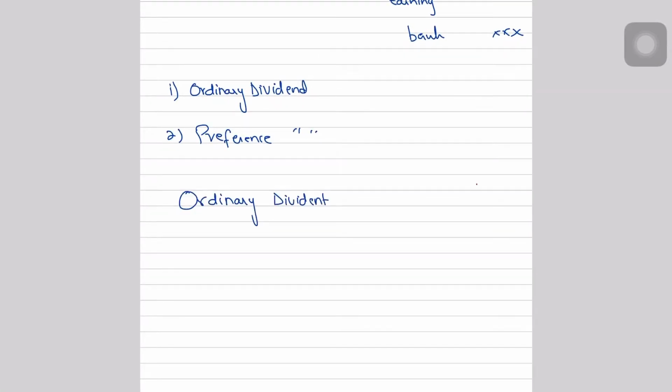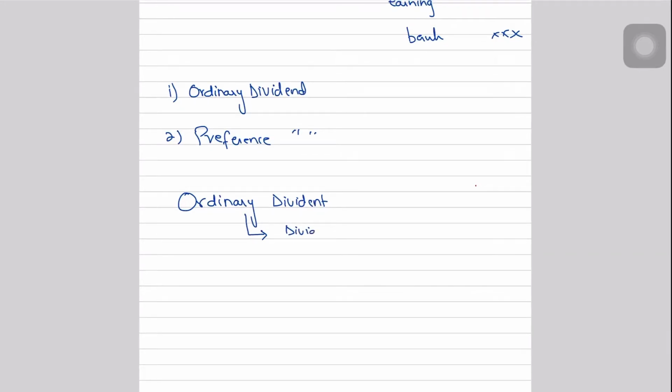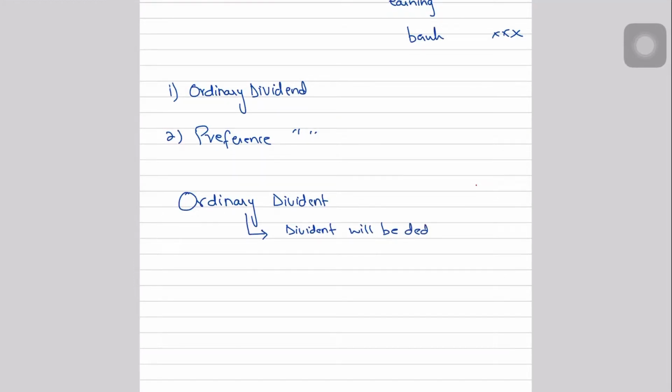So students, first of all remember that the dividend that we are going to deduct in the statement of changes in equity will only be the dividend paid. So first of all you must know that dividend will be deducted in the statement of changes in equity, from retained earnings, that is the accumulated profit.